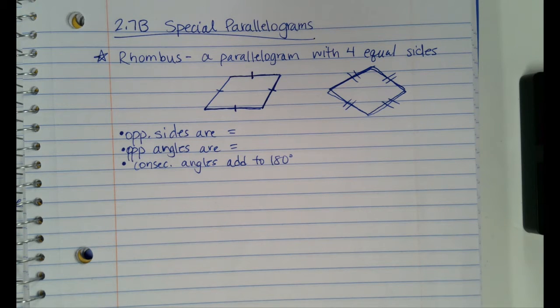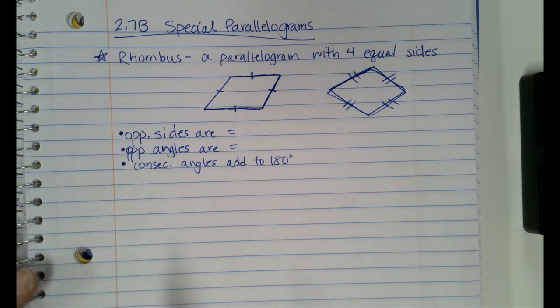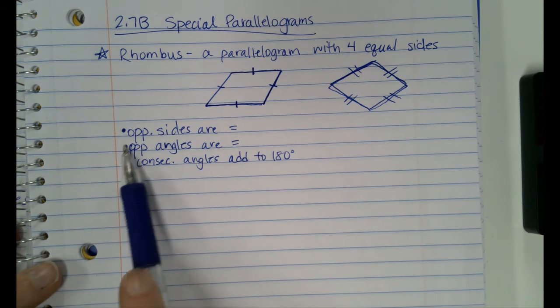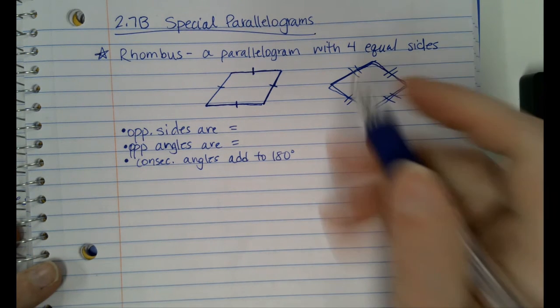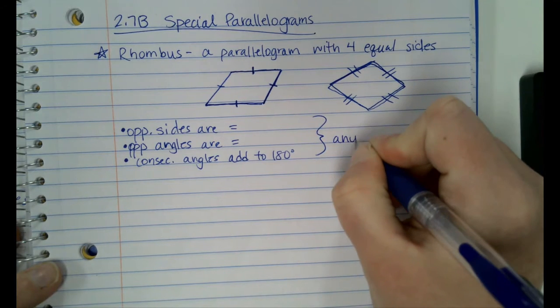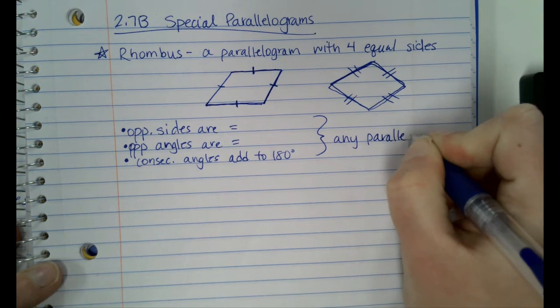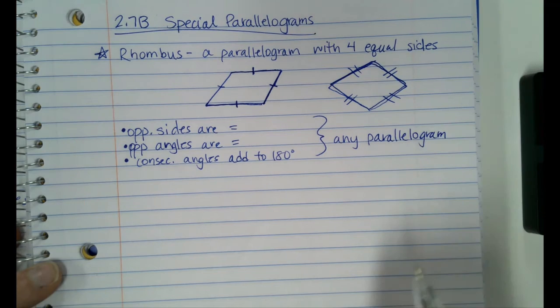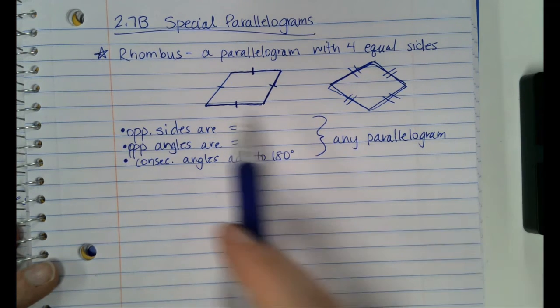They must also be true for a rhombus. Okay, so far, these are the 3 things we talked about yesterday. These are true for any parallelogram. If they're true for any parallelogram, do you think they're true for a rhombus?